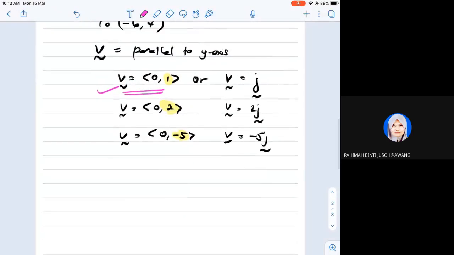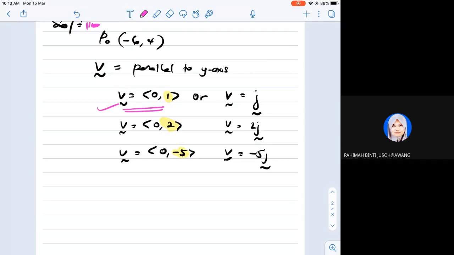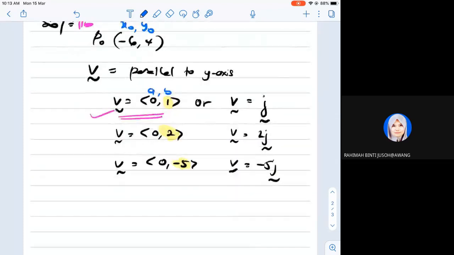Let's say I choose V equals (0, 1). Therefore, in this case, this is our x0 and y0, and this is our A and B. So the parametric equations of the line: x equals x0 plus At, which is x0 is negative 6 plus 0t.